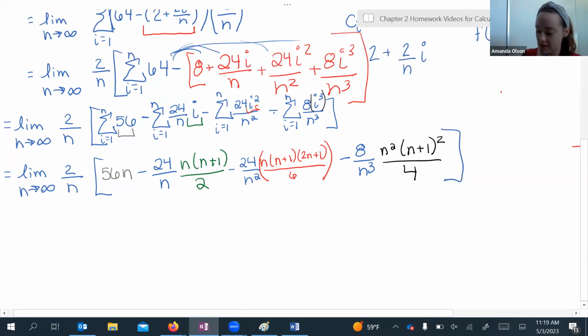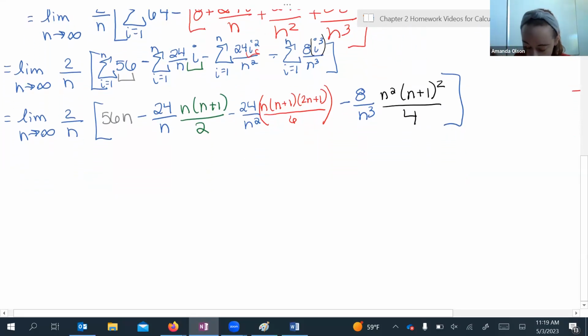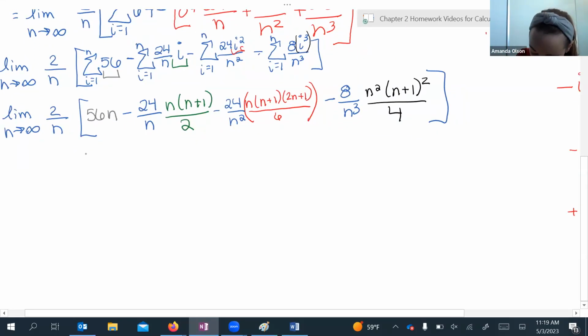Finish off our parentheses. We've got a lot of things that we can simplify, some things that we can't. Just like I said, lots of room for human error and arithmetic error on some of these problems. So we have 2 over n.